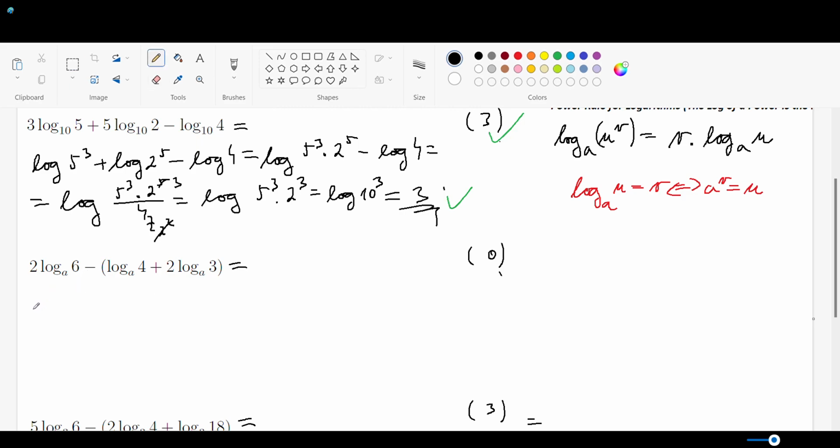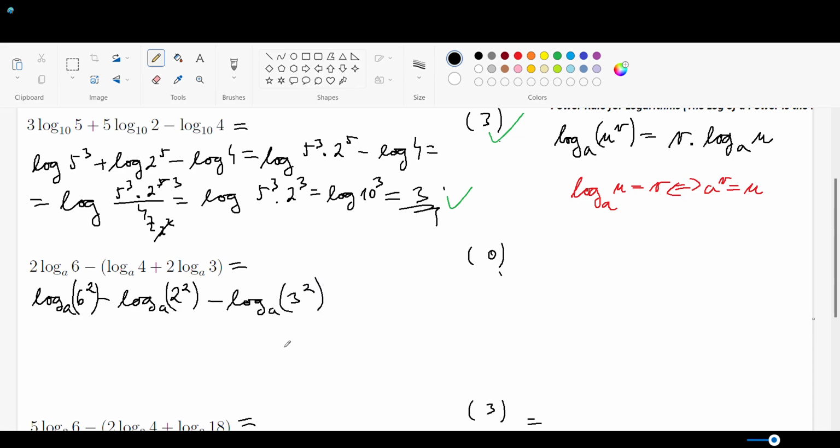So basically, again, this can be written as logarithm base a of 6 squared minus, I will get rid of these parentheses, minus logarithm base a of 4, which I will rewrite as 2 squared, minus logarithm base a of 3 squared.